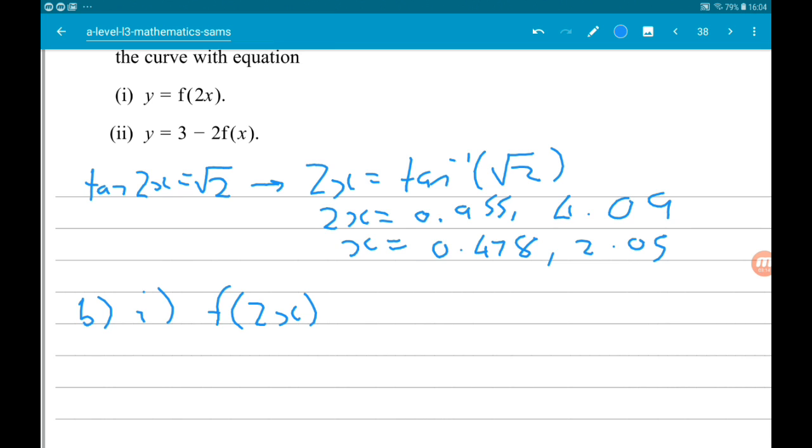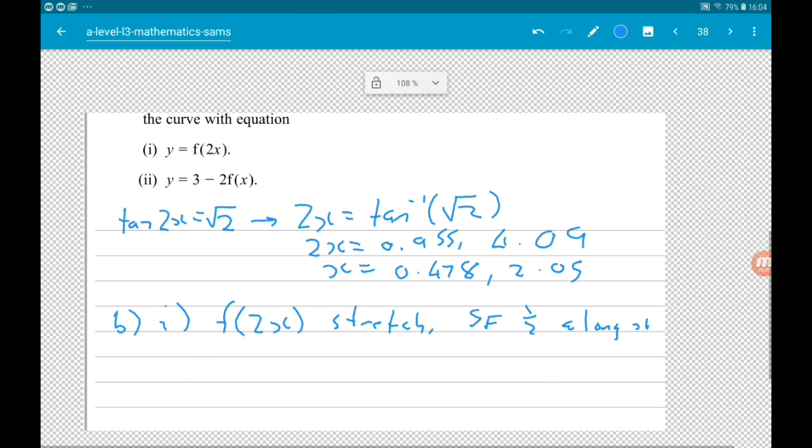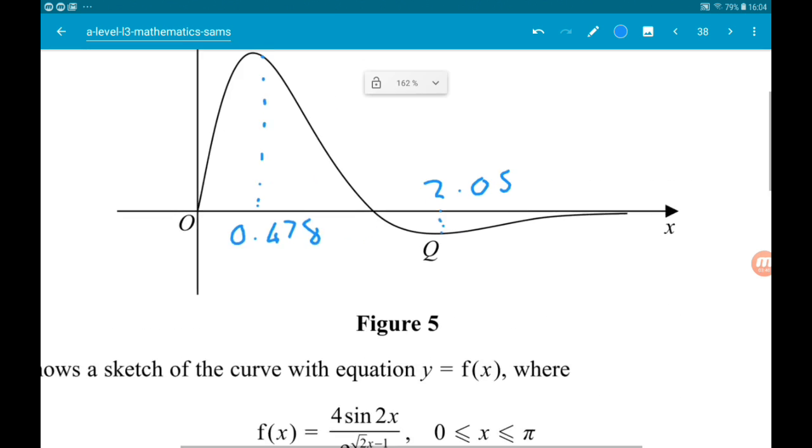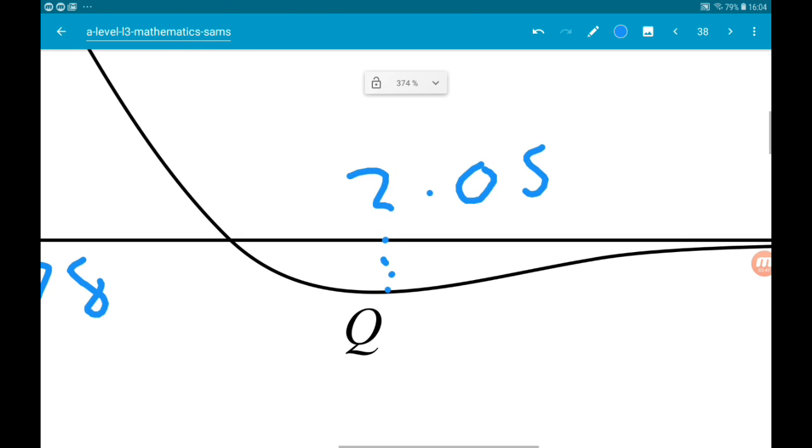So it does squash things together, really we should call it a stretch. Scale factor 1/2 along x. So, what I was going to do is move this x-coordinate, remember it's the minimum that we want, so it's just going to half it.